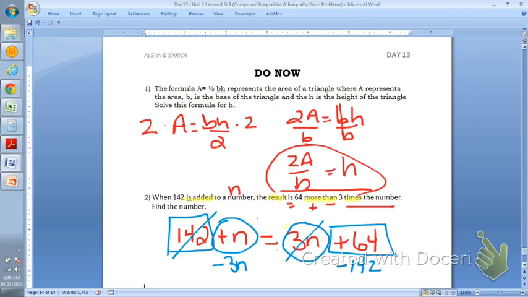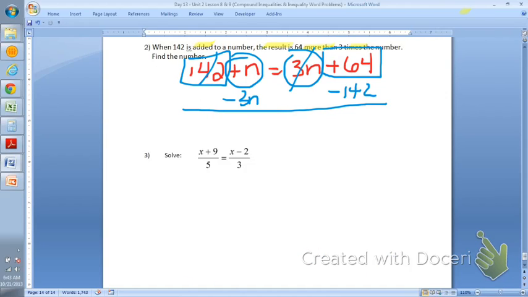Next step, you need to combine like terms. And I'm out of room on my screen. Let me see if I can do anything to move things up so I can still write for you. Okay, I was able to give us a little bit more room.